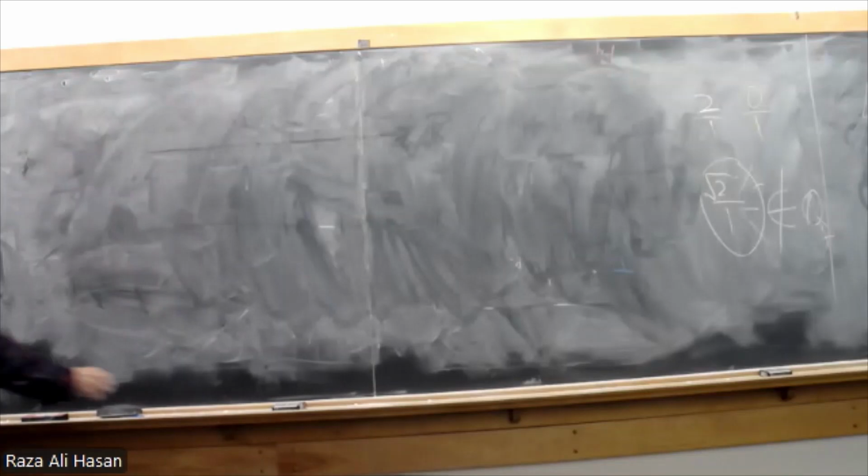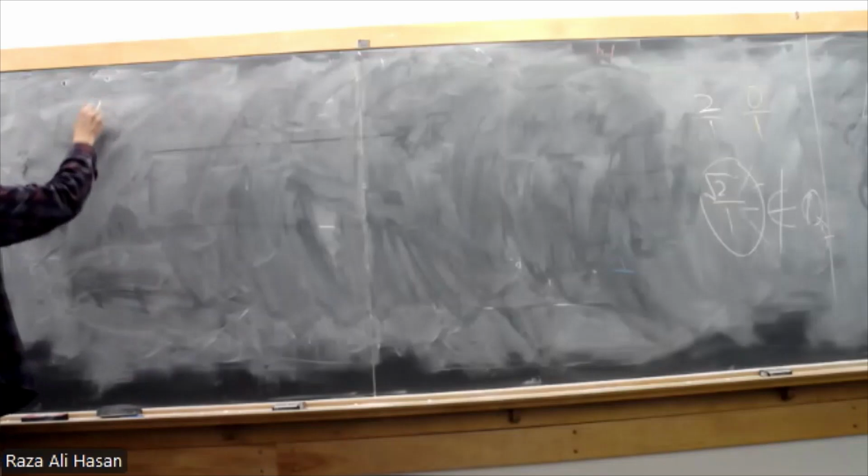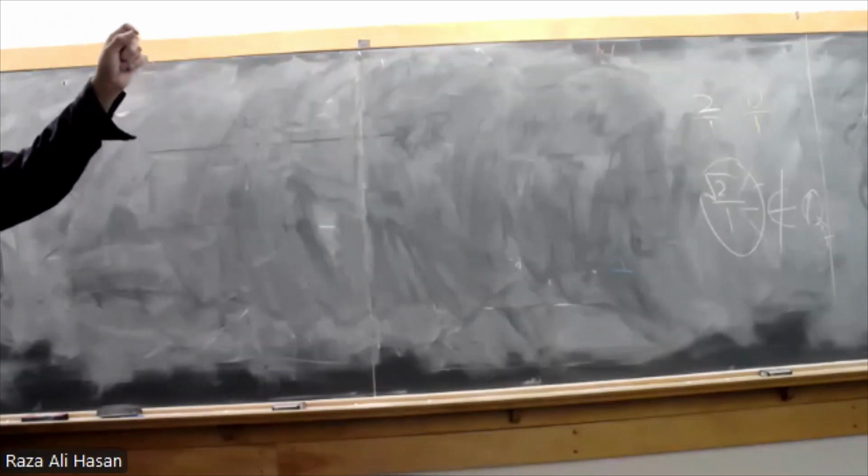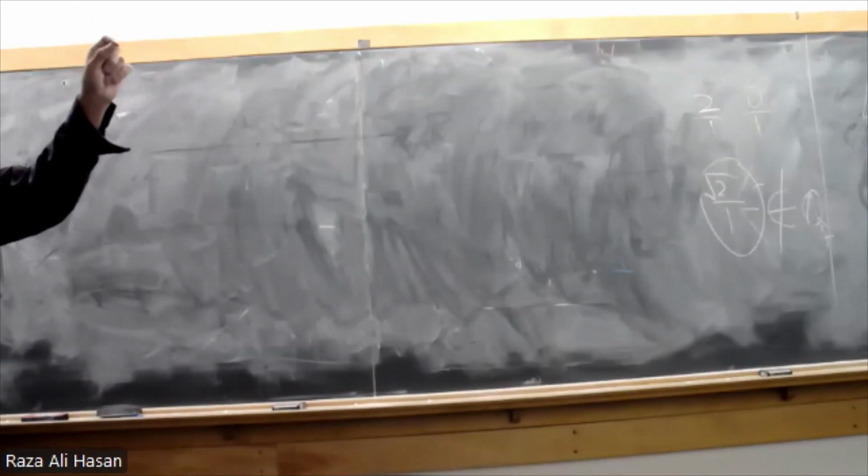Okay, here we go. I have a set. So let's call it A. This set is going to contain real numbers. A is a subset of the real numbers set.